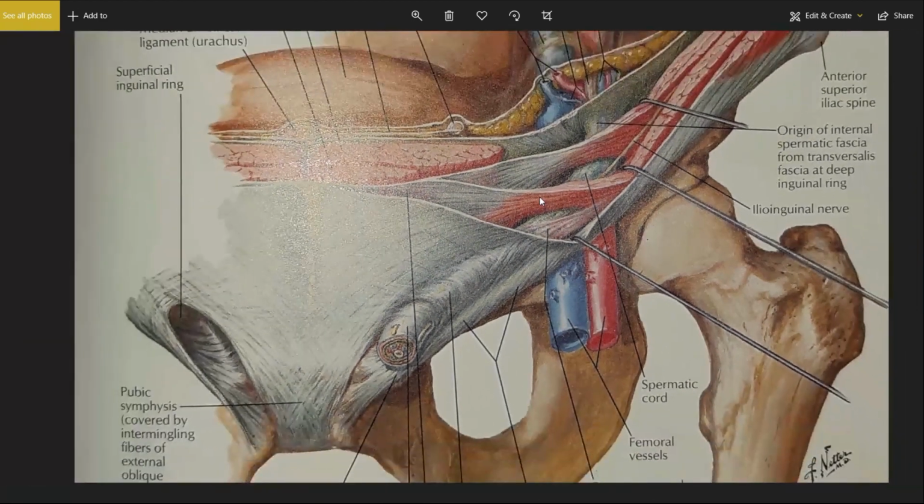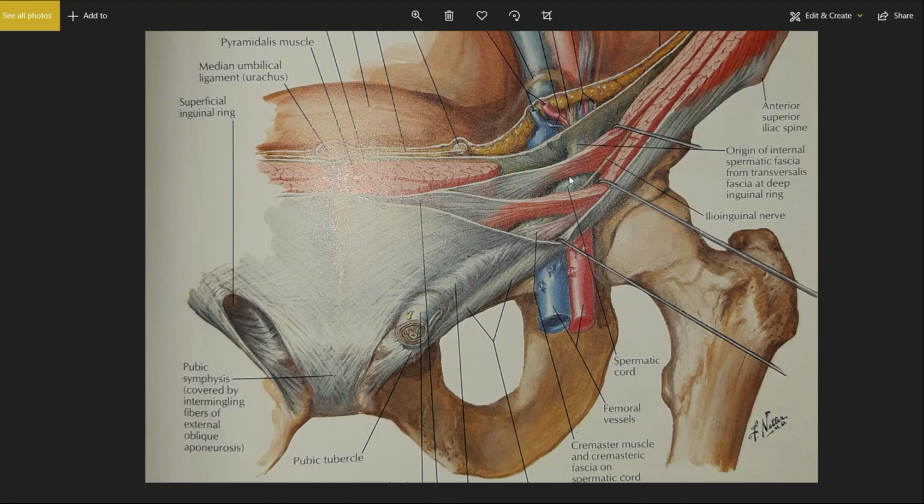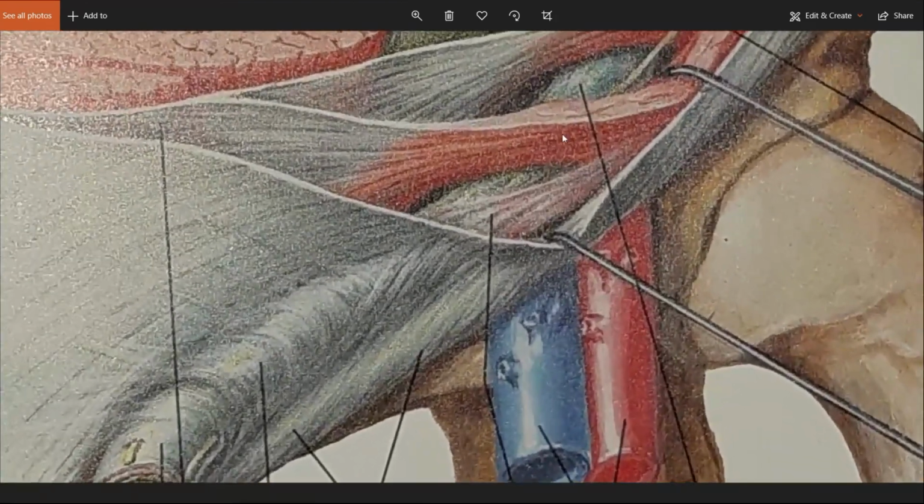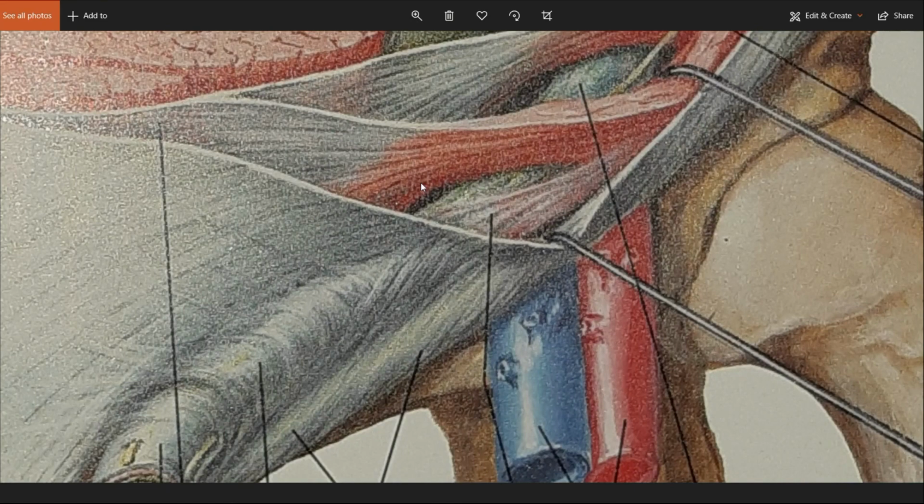Can you visualize? From here, the inguinal canal is starting and exiting from here. That we know. But what's happening is the internal oblique muscle fibers are arching above the inguinal canal, and in the lateral one third of the inguinal canal, this part of the internal oblique is forming the anterior wall of the lateral one third of the inguinal canal, right?